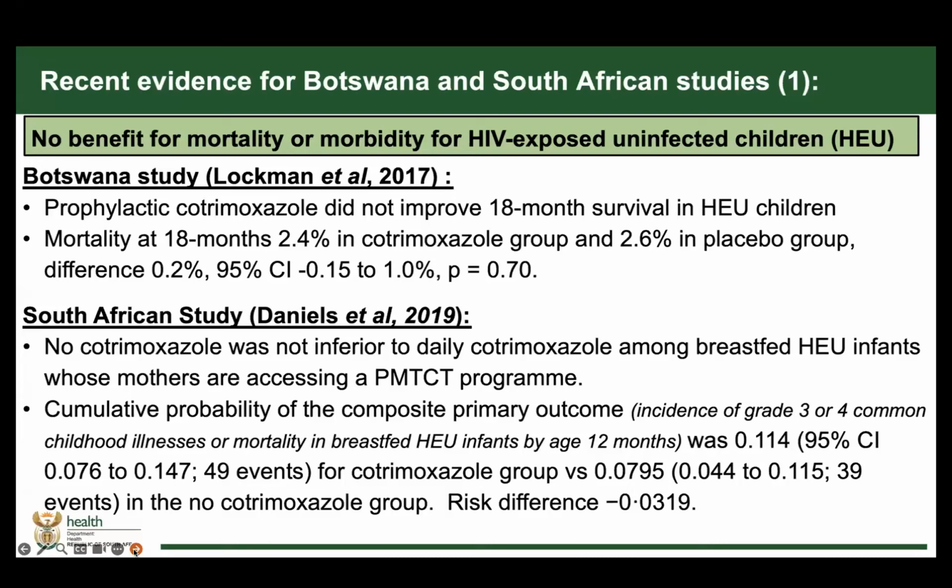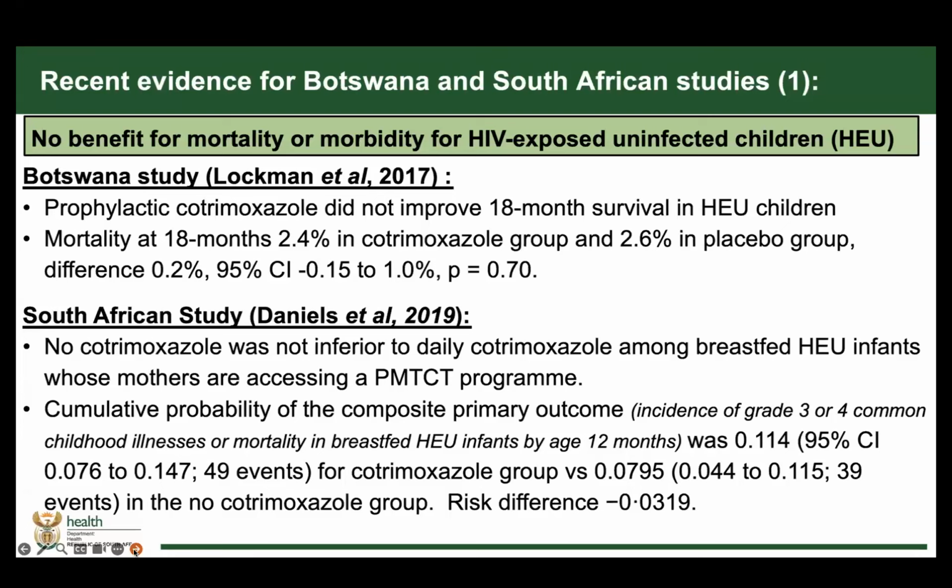In the study, the cumulative probability of a composite endpoint, which included grade 3 or 4 childhood illnesses or mortality, was 0.114 events for the cotrimoxazole group and 0.0795 in the placebo group. So there was a negative correlation in terms of the risk profile.